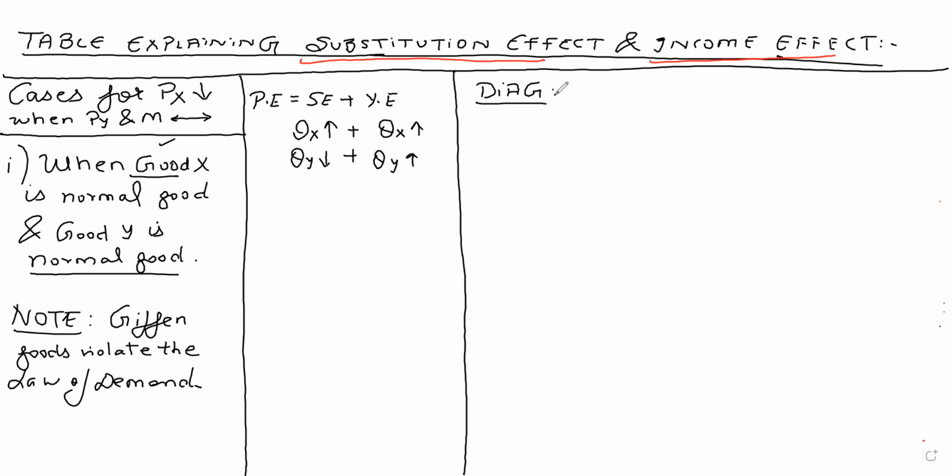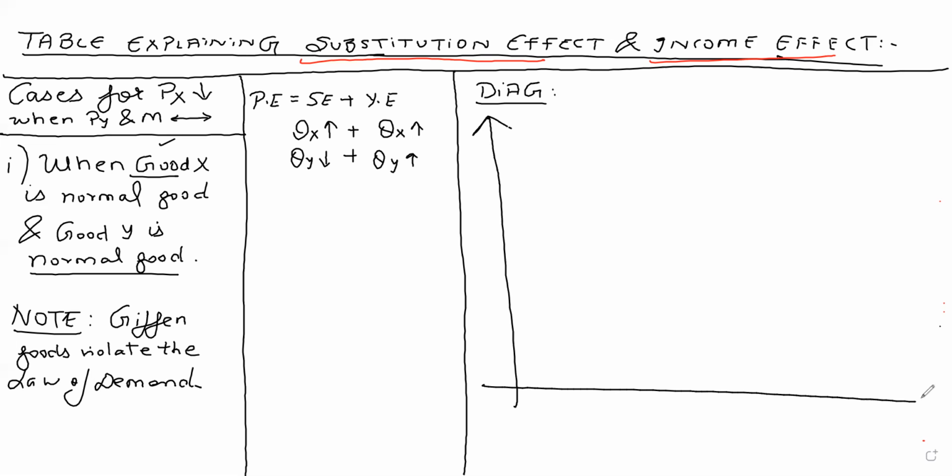Now in this diagram, I'm going to show all students how we can bifurcate the price effect into substitution effect and income effect. So let's look at the diagram. So on your screens, you can see we have the horizontal axis. Good X is measured on the horizontal axis and good Y is measured on the vertical axis.